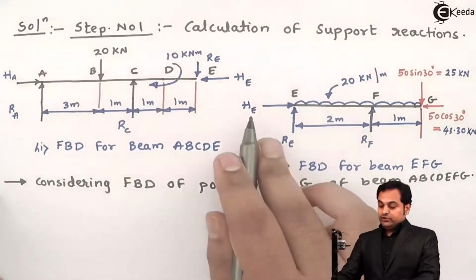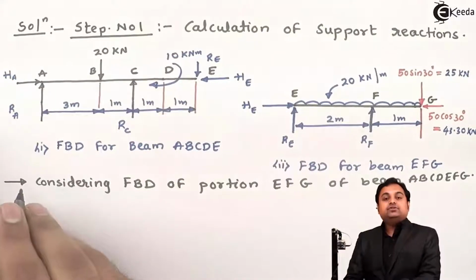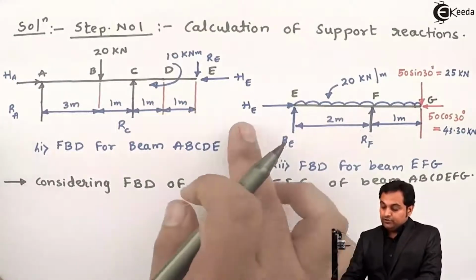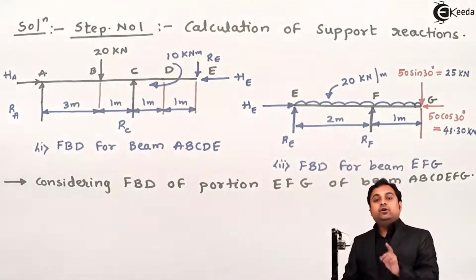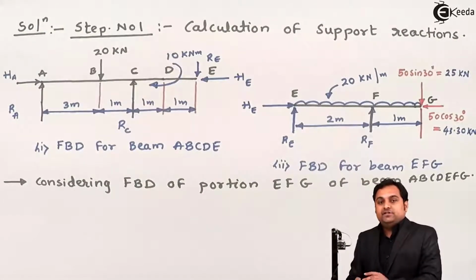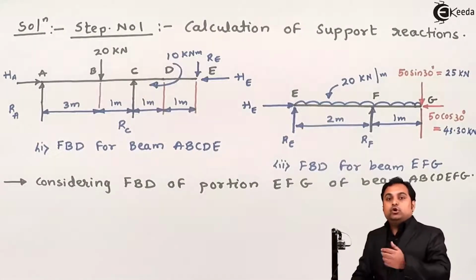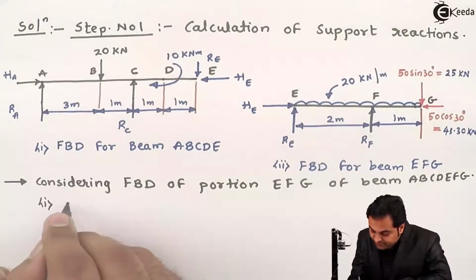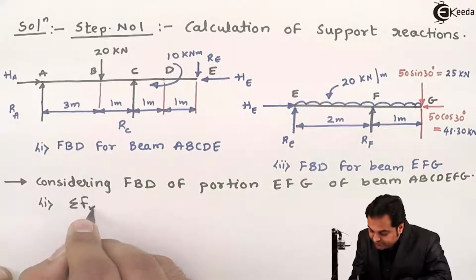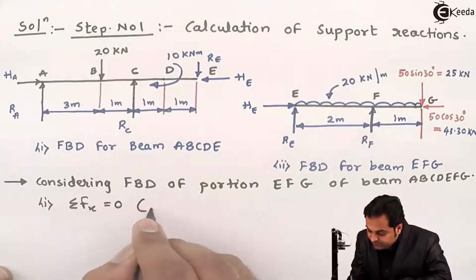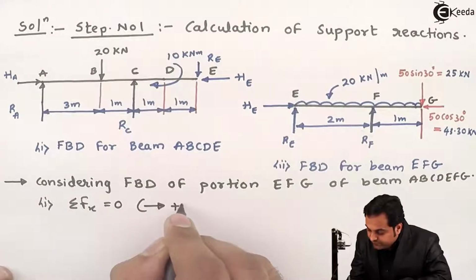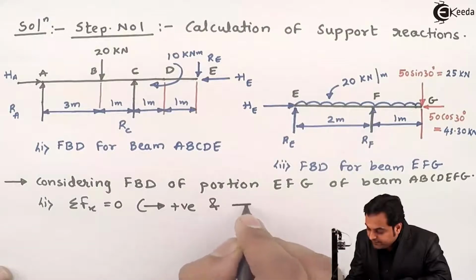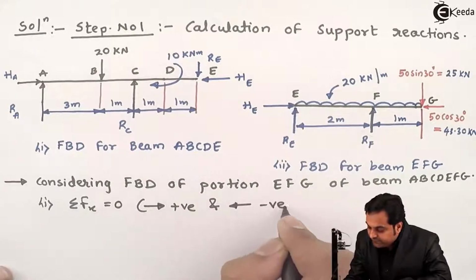Now first I'll find the horizontal reaction, using the condition of equilibrium, because the horizontal reaction will be required to draw the axial force diagram. In this problem they have said to also draw the axial force diagram. So first I'll write the equilibrium condition, summation of Fx is equal to 0, where rightward force is positive and leftward force is negative.